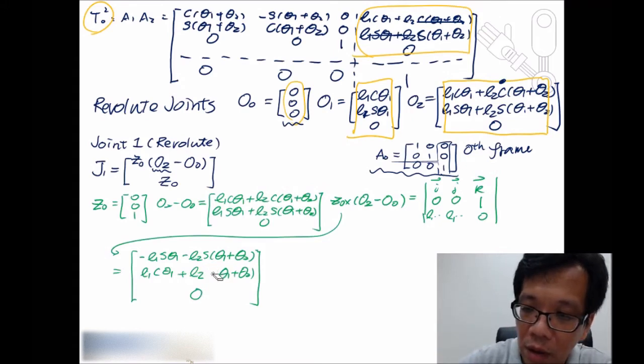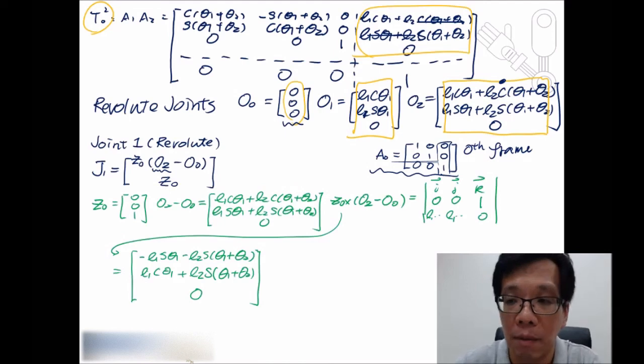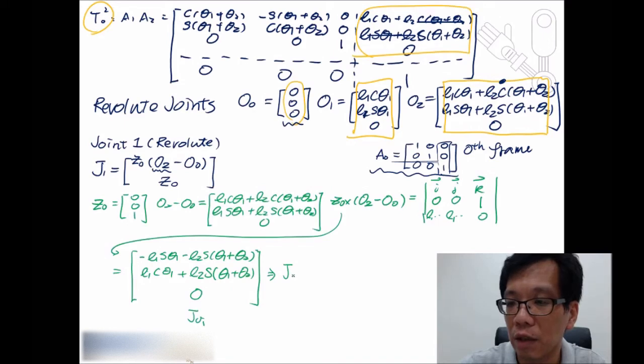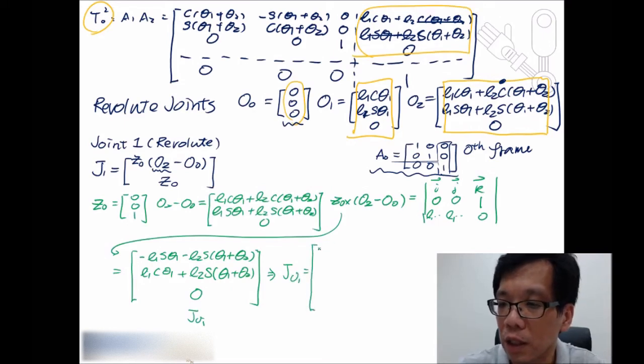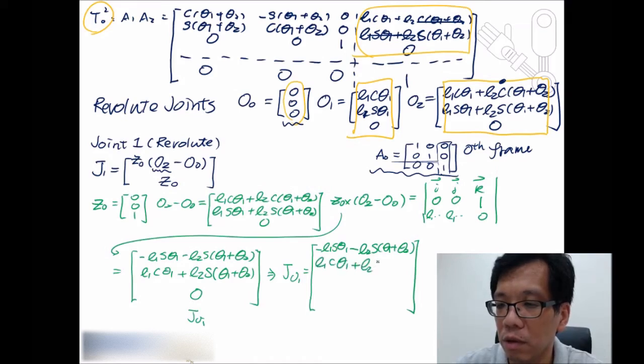So this is going to be my JV1. So if we put everything all together, JV1 is going to be negative L1 sine theta 1 minus L2 sine theta 1 plus theta 2, L1 cosine theta 1 plus L2 cosine theta 1 plus theta 2.